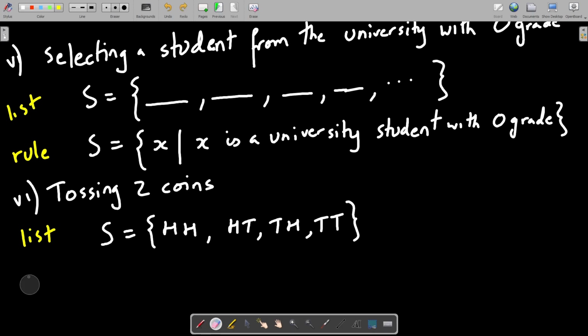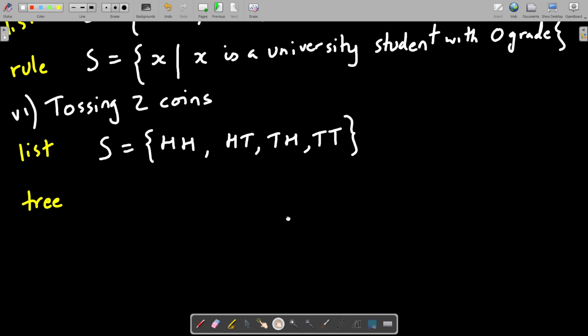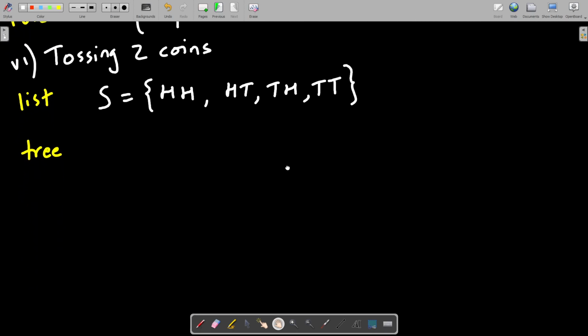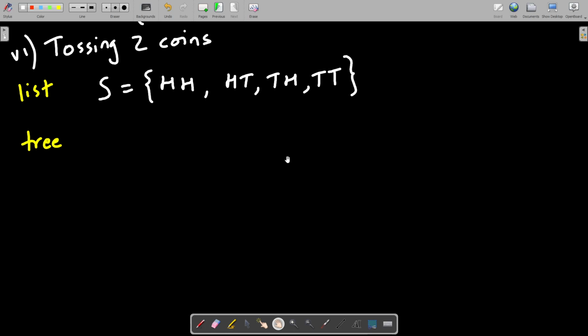The other option is we can draw this as a tree. The way to write this is like this. You toss a coin, right? There are two options.